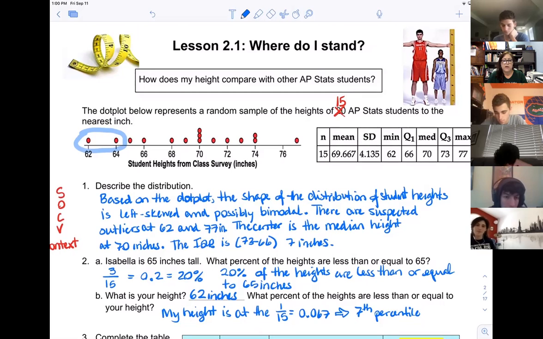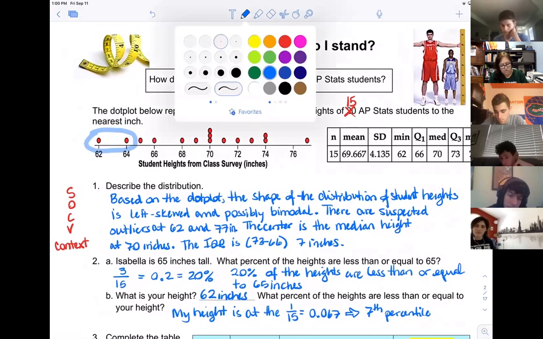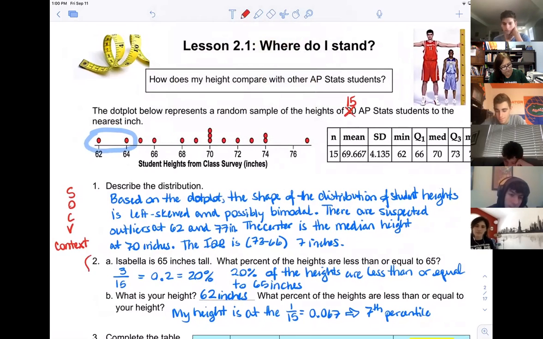And so we found out that Isabella is in the 20th percentile of the students who responded to the survey. Then what is your height? So whatever your height was, you were going to calculate the percentile of your height based on the dots that you see. How many are at your height or below?